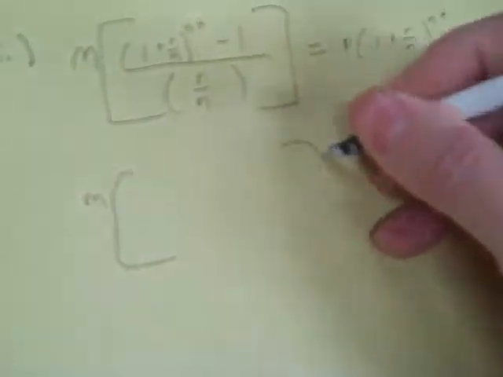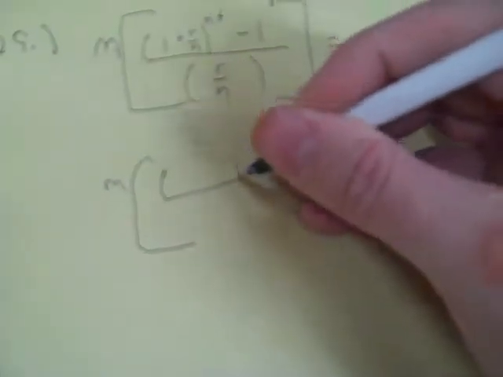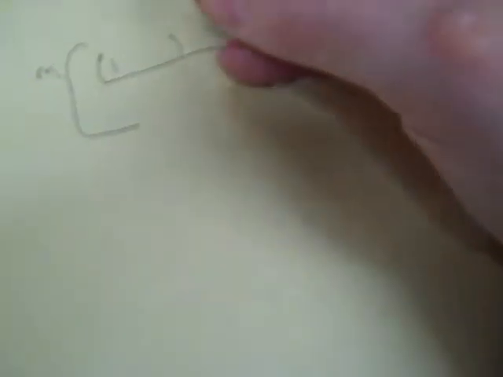Okay, and I set that equal to our compound formula, which is the principal times 1 plus the rate divided by N, to the NT power. Now we start plugging numbers in. I should get rid of all numbers except for M. First off, in parentheses, we've got 1 plus the interest rate of 6.5%, so 0.065.